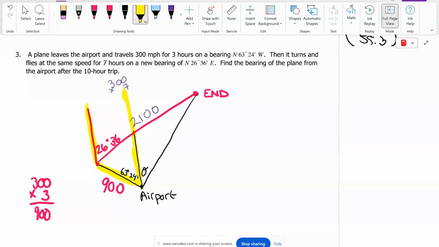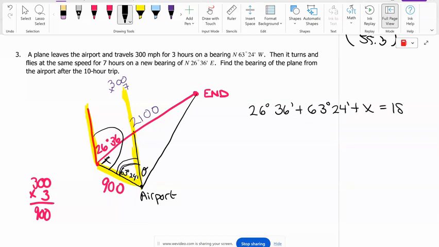So it's this full angle plus this full angle. Those two angles have to add up to 180. Notice I put different loops around them because they're not congruent. We just need them to add up to 180. So what does that mean? I'm going to call this X. So that means 26 degrees and 36 minutes plus 63 degrees and 24 minutes plus X has to equal 180.